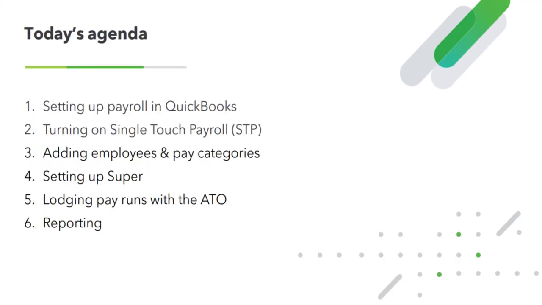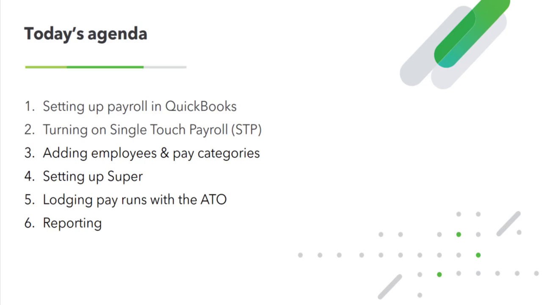Today's agenda, we will look at turning on payroll, because when you set up your file, it defaults to off. So we'll look at turning on payroll. We add in some business settings. We look at setting up of the single touch payroll, which is what you might see around the place called STP. We'll look at adding in your employees. We'll look at some pay categories, leave, allowances, deductions. All those are all in the payroll center, and we need to set those up first before we can pay any of the employees.